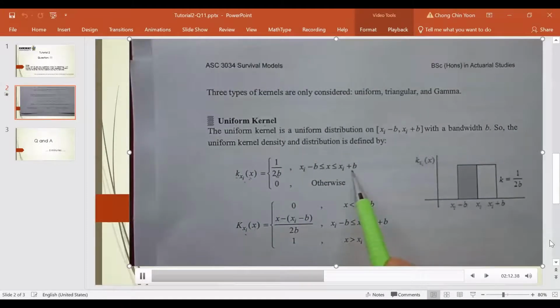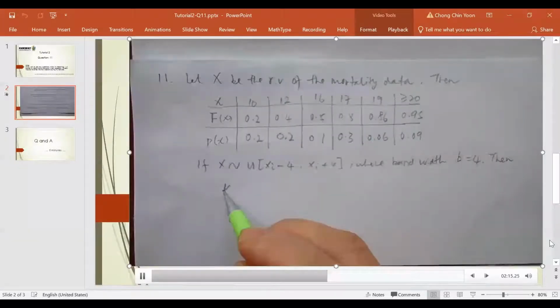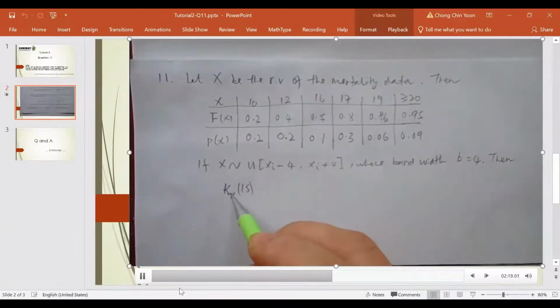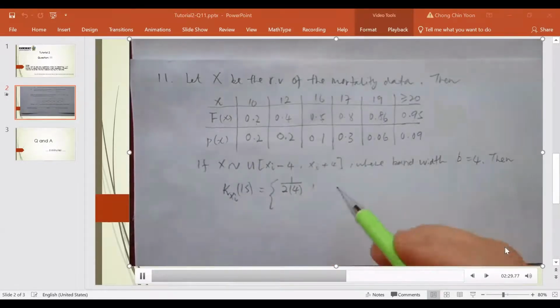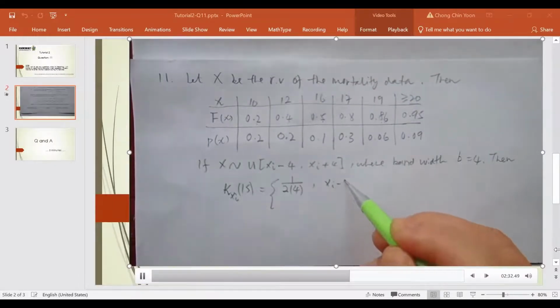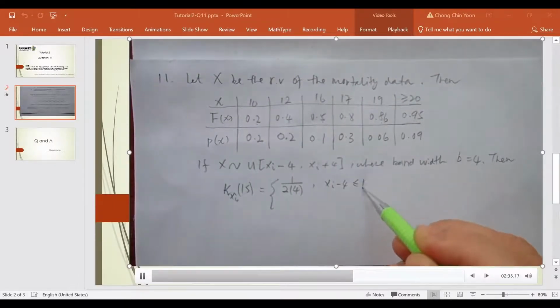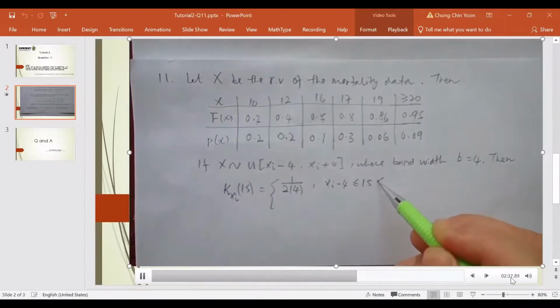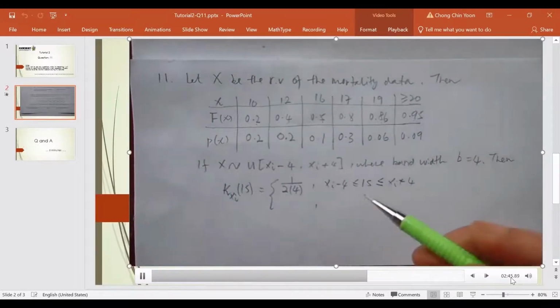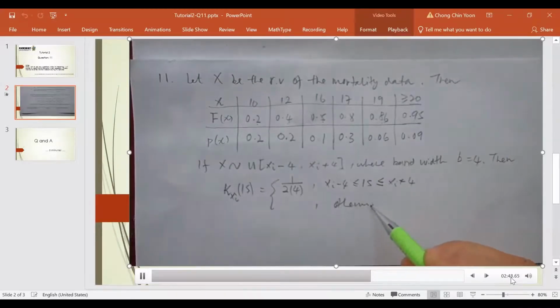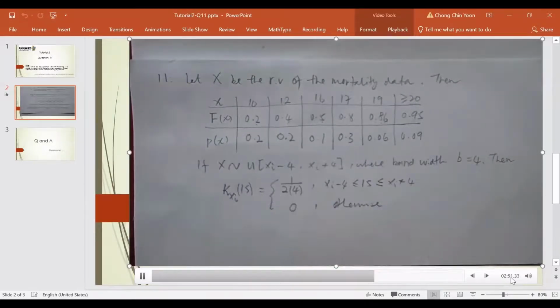The kernel density at 15 based on this xi equals 1 divided by 2 times the bandwidth, which is 4, when xi minus 4 is less than or equal to 15, and 15 is less than or equal to xi plus 4. Other than this interval, the k value is 0.